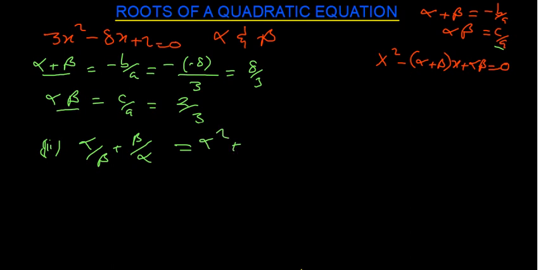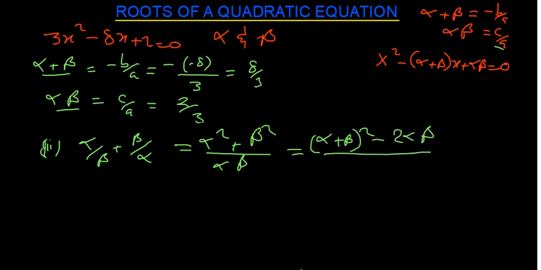The beta on top with the beta down, it will be beta squared. And then we multiply the two which are down, that will be alpha beta. Whatever way you can use, as long as you found a single fraction, you can use it.